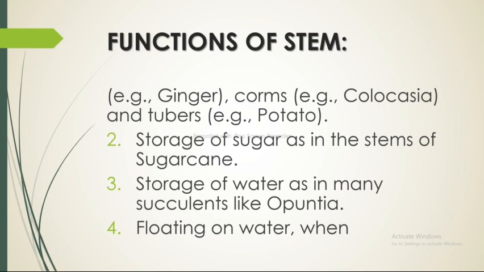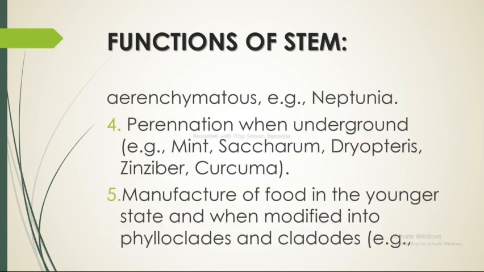Fourth, floating on water when aerenchymatous, for example, Neptunia. Fifth, perenniation when underground, for example, mint, Saccharum, Dryopteris, Zingiber, and Curcuma.